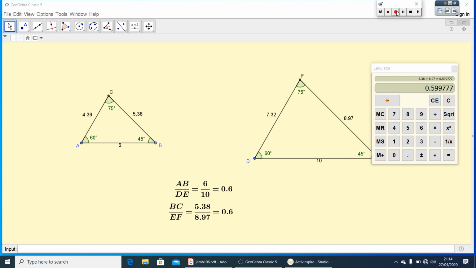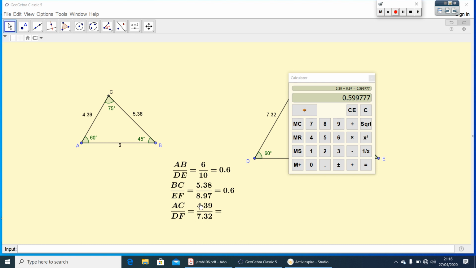And let us see what AC by DF is. AC by DF, that is 4.39 by 7.32, which again is equal to 0.599, and correcting it to one place of decimal you can write it as 0.6.